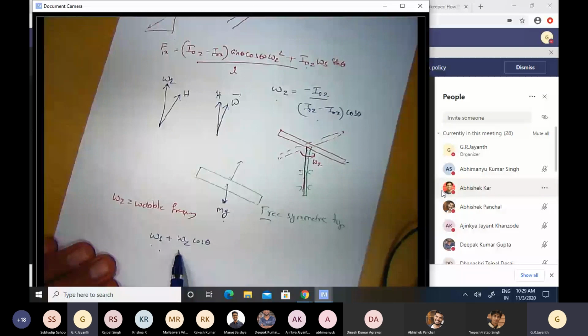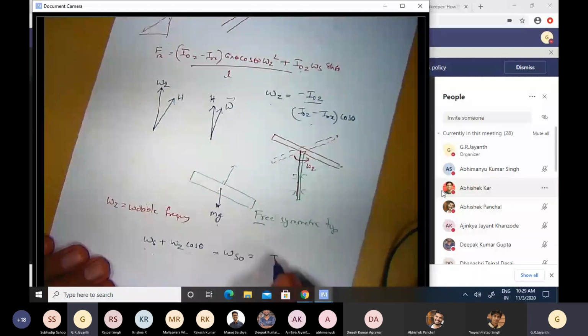So if you take the component of the angular velocity, it will be omega z cos theta. So when I do this, I get omega s naught, the spin speed as seen by an observer outside, and that was given by minus I0x by I0z minus I0x, cos theta. I don't remember whether it was I0x or minus I0x.